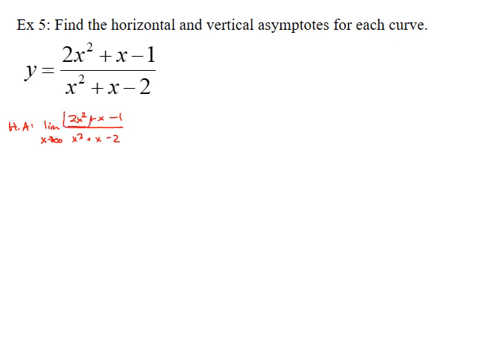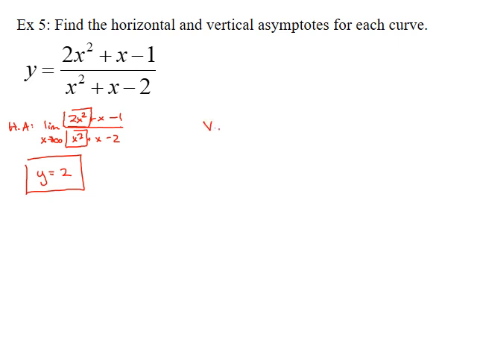You have a 2x squared on top. You have a 1x squared on the bottom. Since they are the same, you can match their ratios and divide them. So normally you would write an answer of 2, but since the homework is going to actually want the asymptotes on this problem, horizontal asymptotes always use y. So your only horizontal asymptote is y equals 2.